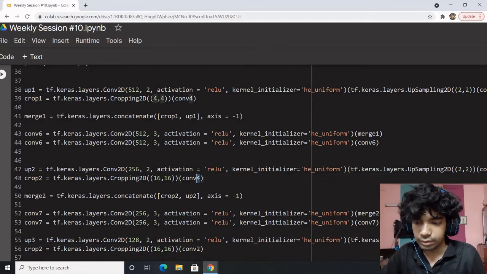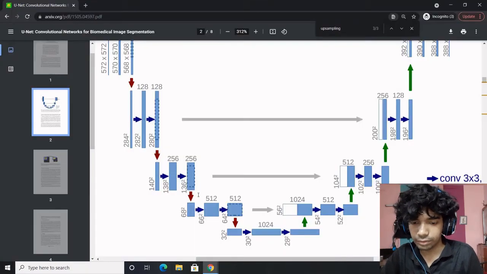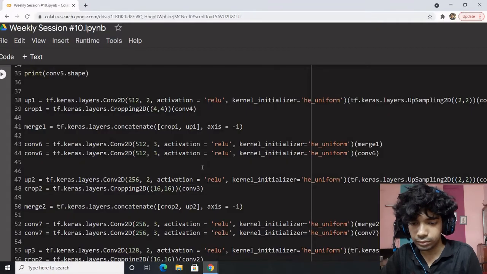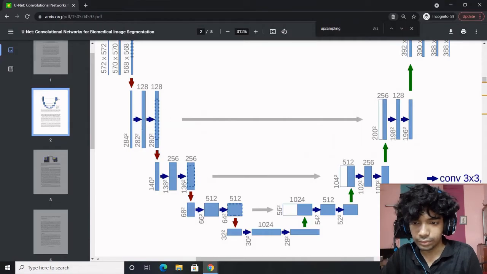So here it would have been convolution 3. Now it is figured out. It is convolution 4, convolution 3, convolution 3. Now it would be convolution 2, cropping, convolution 2.